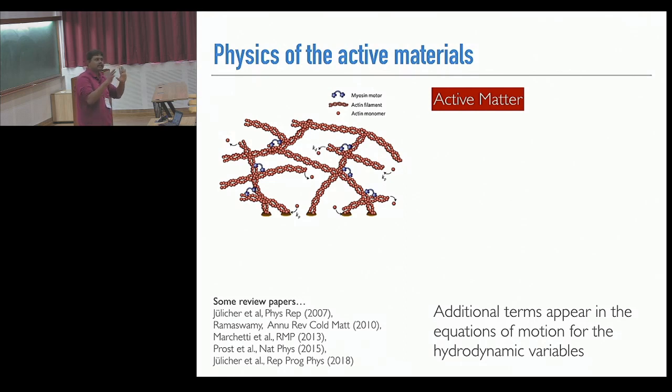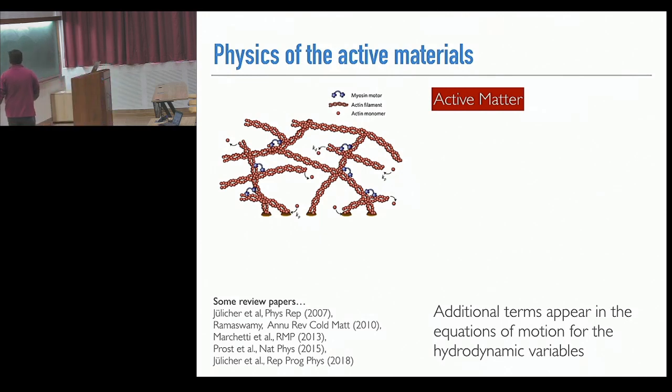Active matter is a slightly different analog. Active matter is described as a set of non-equilibrium systems where the driving and dissipation of energy occurs at the individual units, not from the boundaries. Okay?